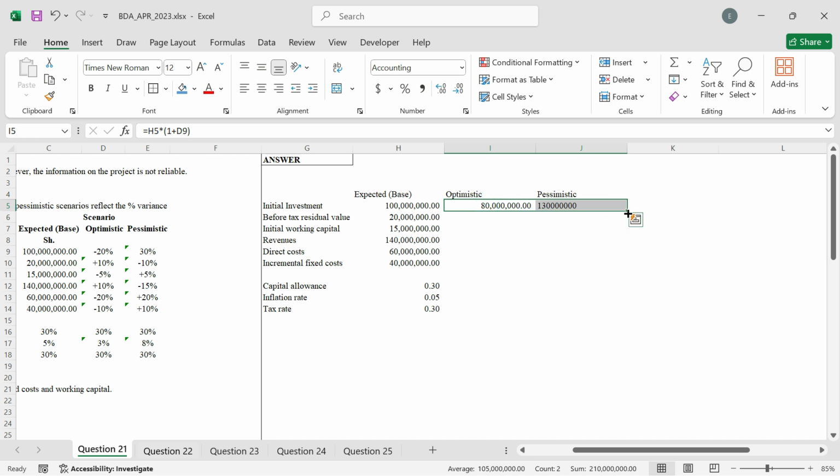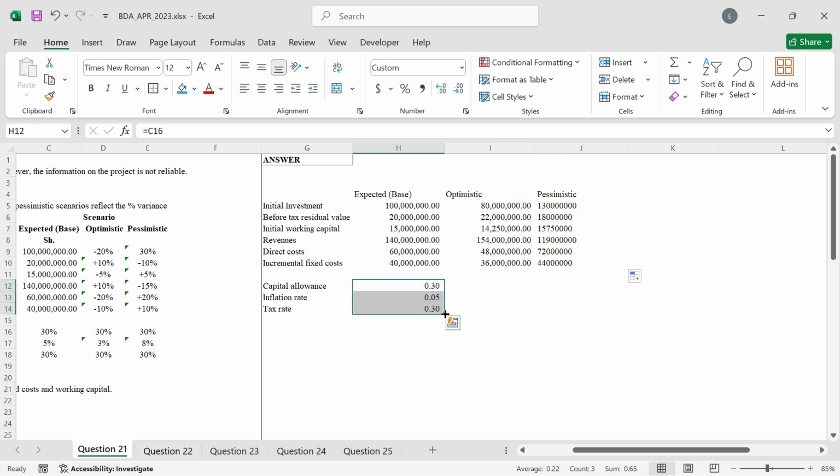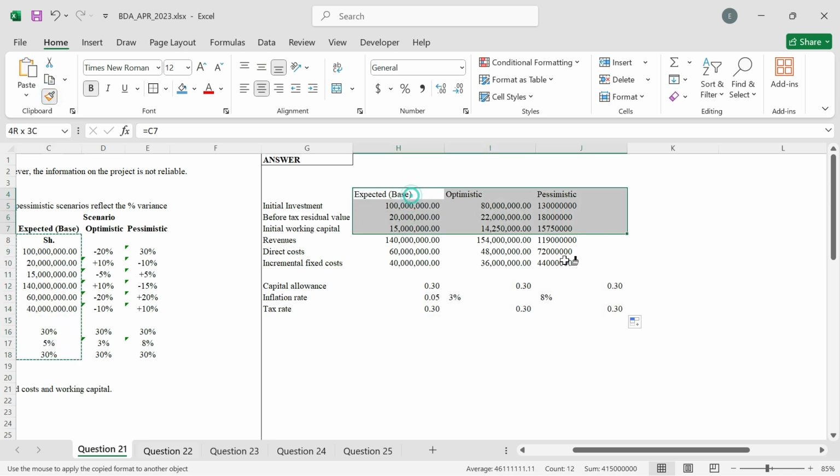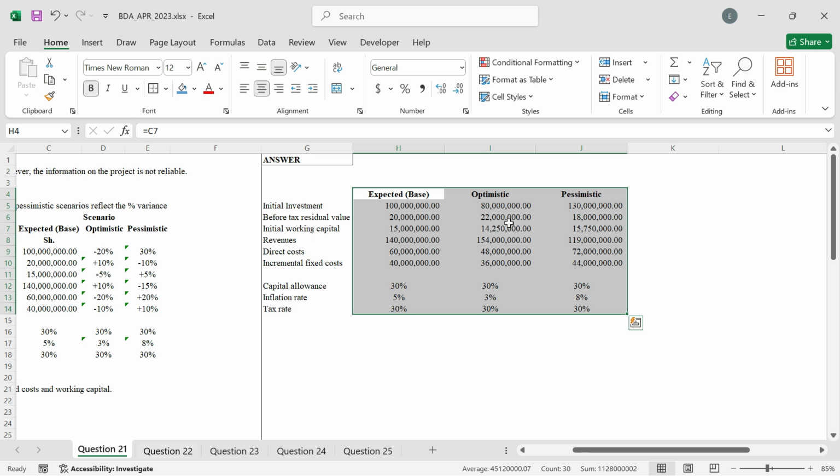Then I can copy all of this down. The percentages are given correctly, so I can just copy them across. Next would be to format my values so that they are all consistently formatted.